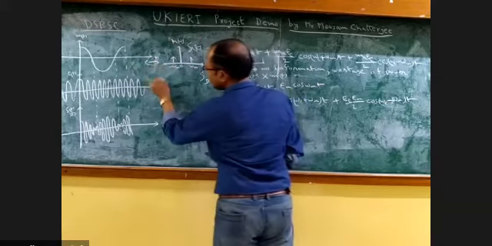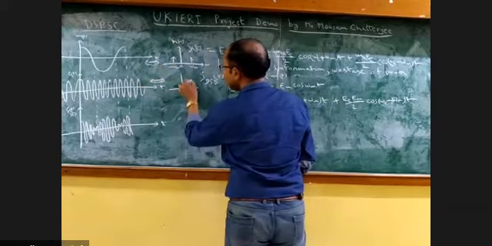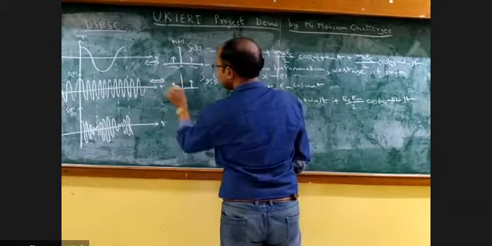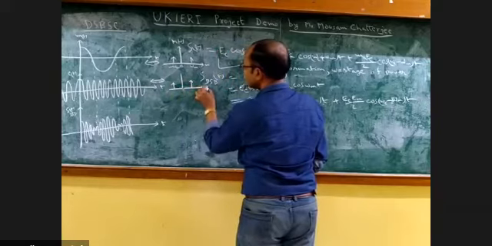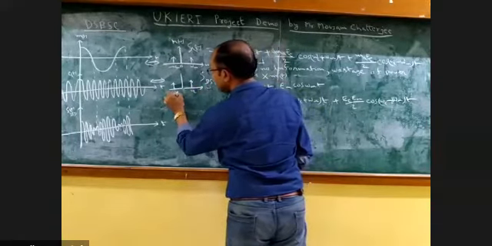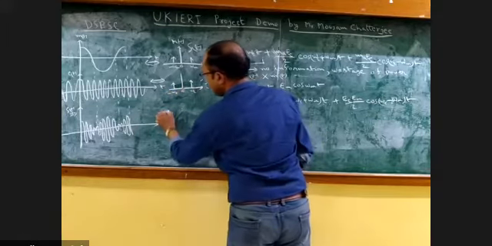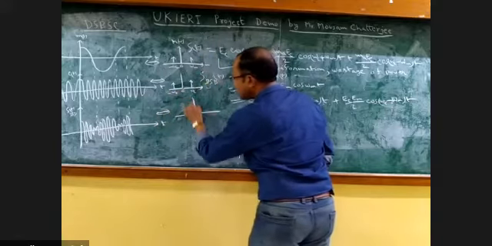Similarly, if we get the Fourier transform of the carrier signal, then we have this one at omega_c and minus omega_c.